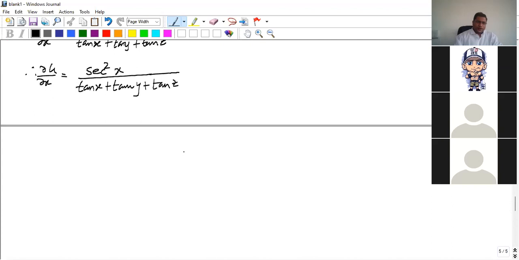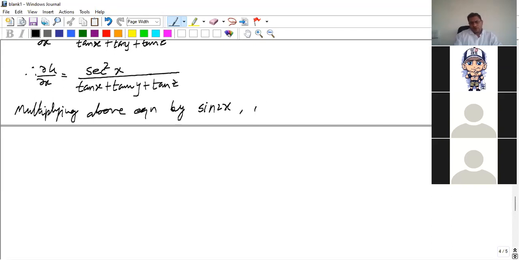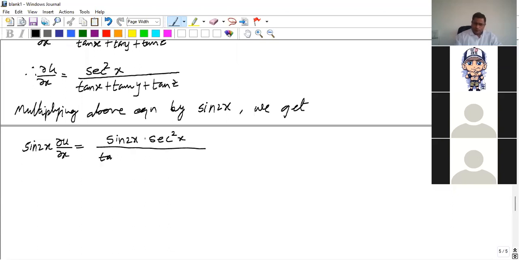Multiplying the above equation by sine of 2x, we get sine 2x into del u by del x is equal to sine 2x into sec square x upon tan x plus tan y plus tan z.